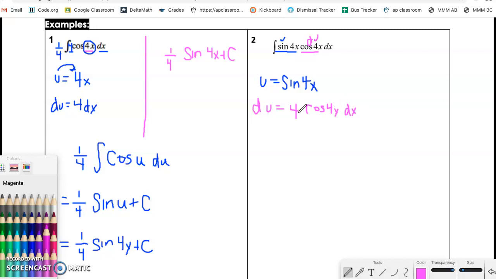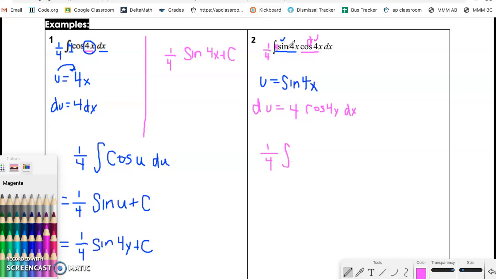From there, I see that I'm missing this 4. So I'm going to put the 4 on the inside here, and when I put the 4 on the inside, I have to multiply by 1 over 4 on the outside. So now I have 1 over 4 times the antiderivative.